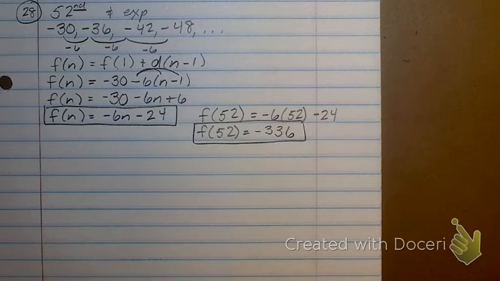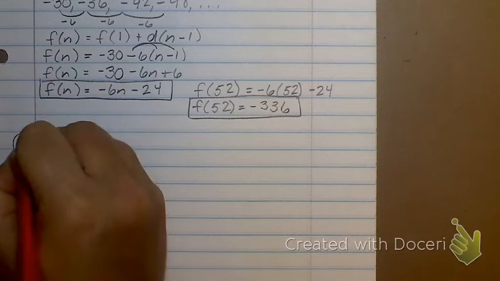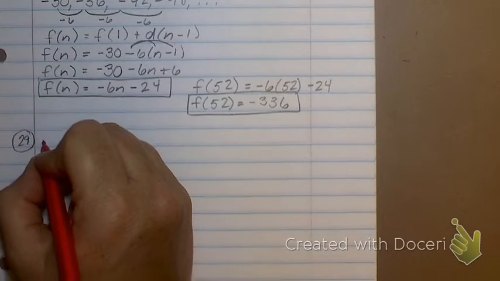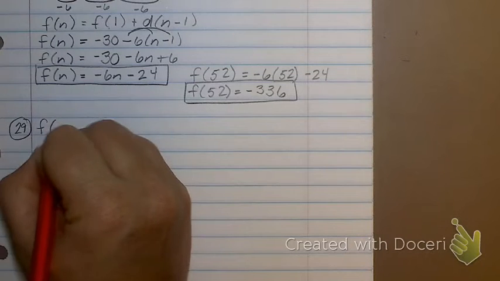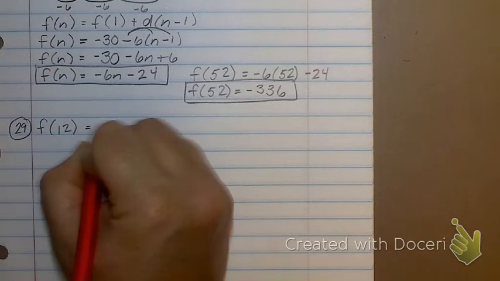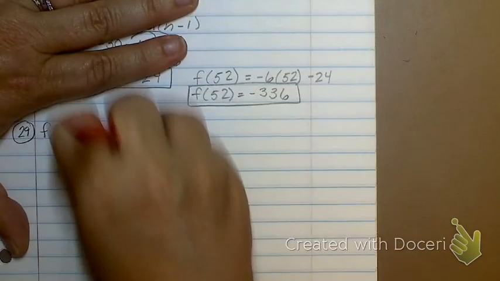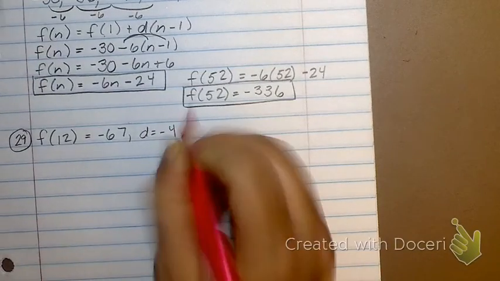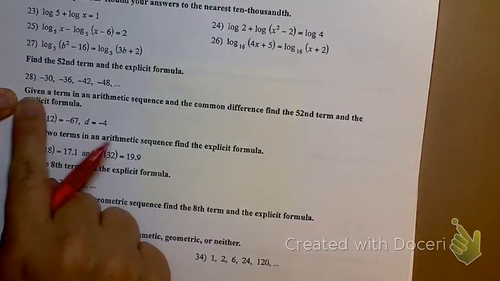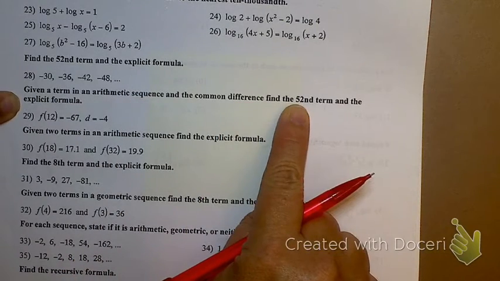Okay? Number 29. It says, given a term in an arithmetic sequence and the common difference, so they're telling me f of 12 equals negative 67, and then d equals negative 4. So that's what they give me. It says, given the term in the arithmetic sequence and the difference, find the 52nd term and the explicit formula.